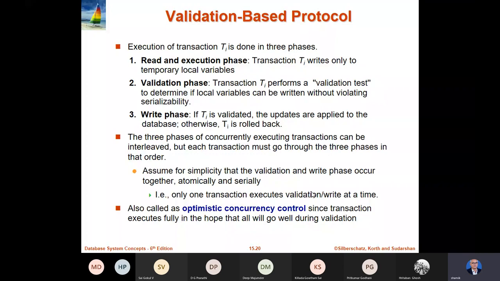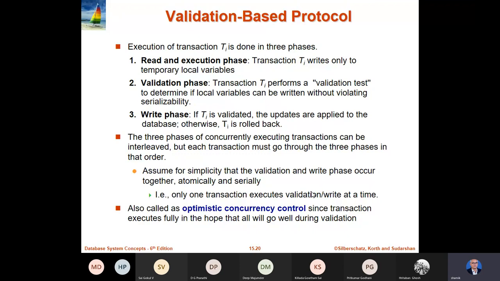So for every data item, I have to maintain a read timestamp and a write timestamp, and those are to be updated, and all the checkings are to be done. But most of the time, maybe the transactions that are getting executed concurrently in a schedule are actually working on different data items. So that is why this validation-based protocol was proposed.